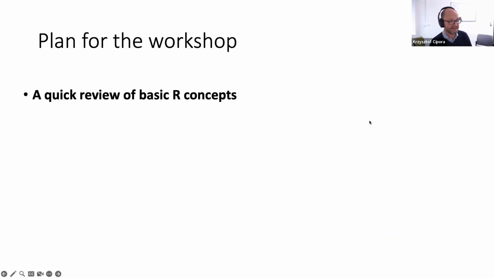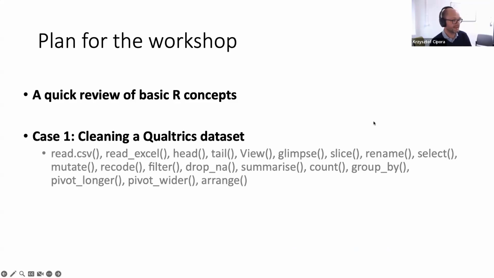The idea is that we will have a quick overview of super basic concepts of R and how to do it, why to do it, why not to stick to the old school Excel way. And then I will try to show examples that we as numerical cognition researchers encounter. We have two specific scenarios. Case one is that we just downloaded the results of our survey from Qualtrics, and it looks like a messy CSV file, and we want to get something out of it.